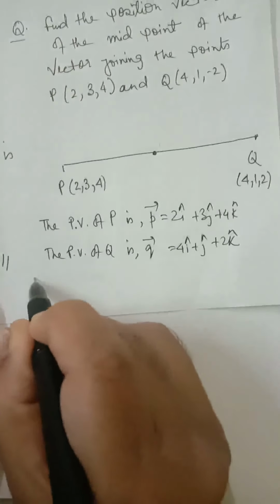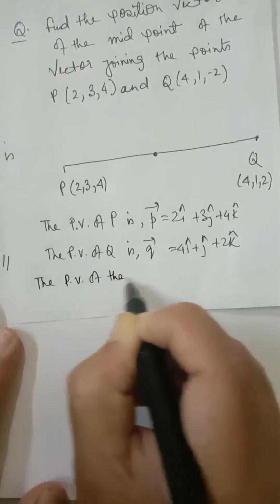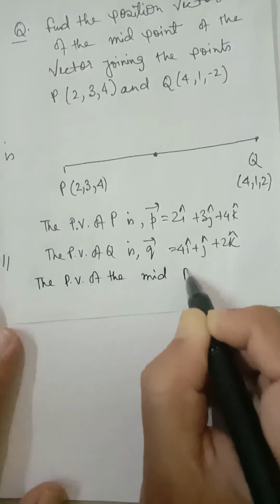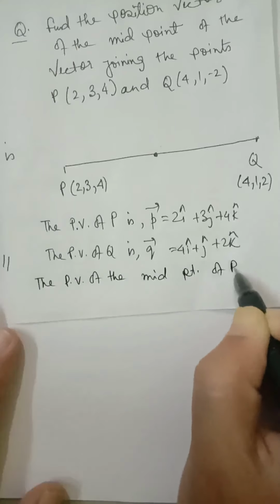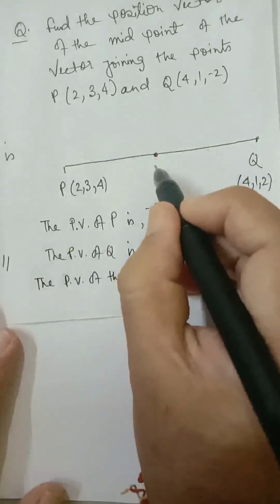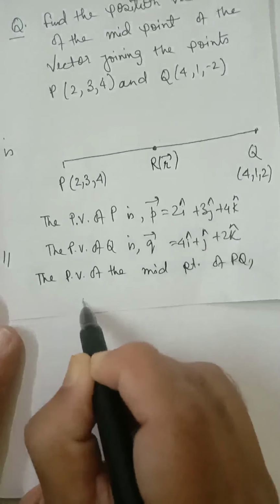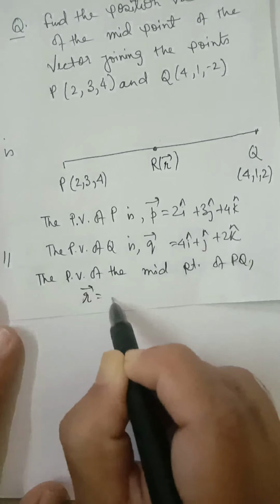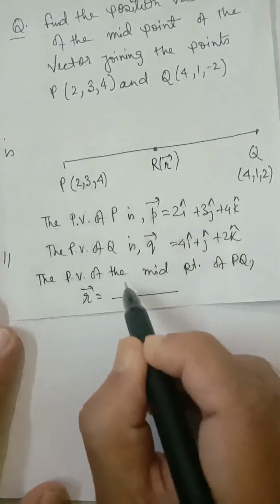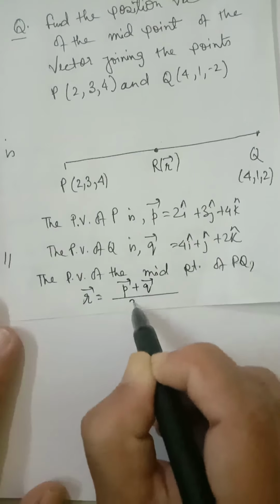Now, the position vector of the midpoint of PQ, that means this point, is R vector equal to position vector of P plus position vector of Q divided by 2.